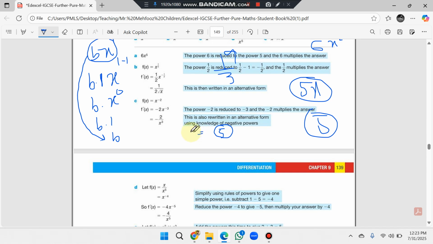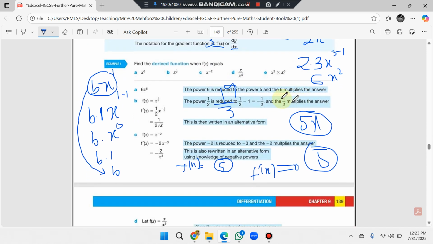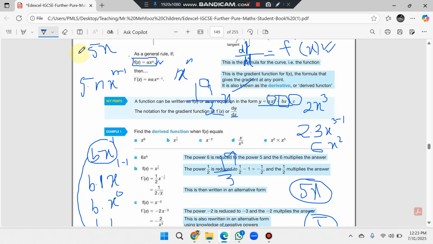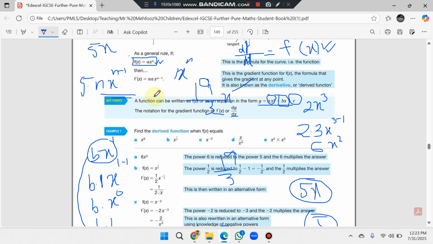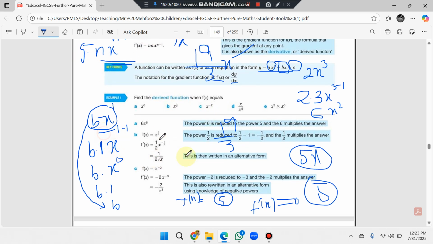If we have to find the derivative, we simply write that every constant term has a derivative of 0. This is f of x. If we find the derivative, f prime of x will equal 0, right? We have learned 3 rules of derivatives. First is for x raised to the power n, second for simple x, third for a constant term.